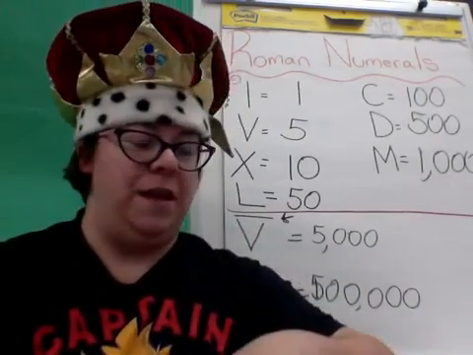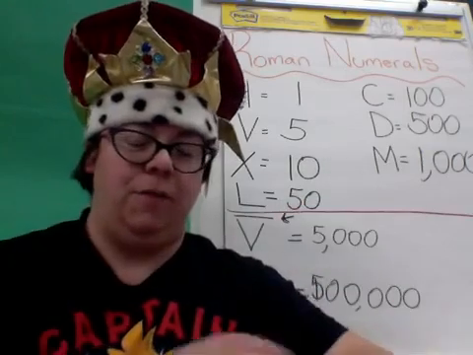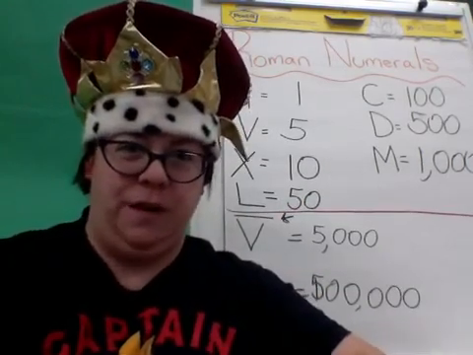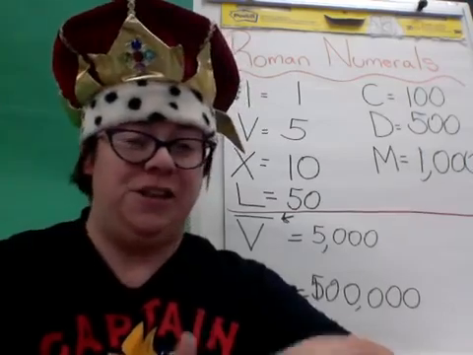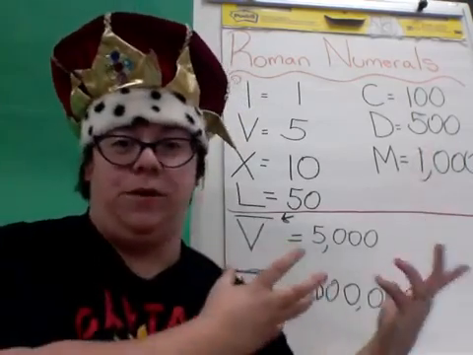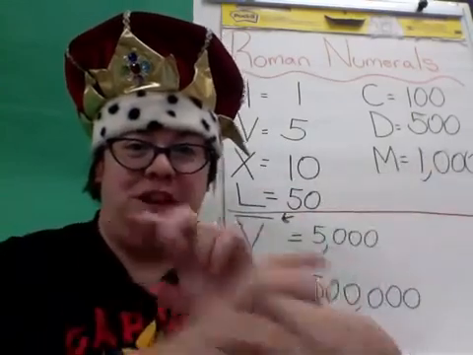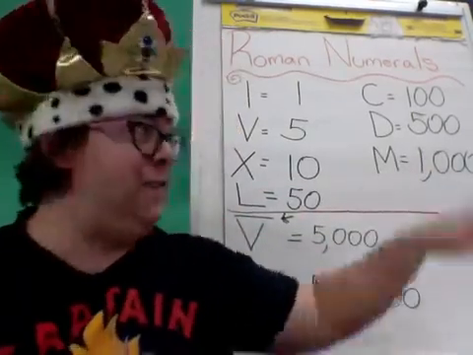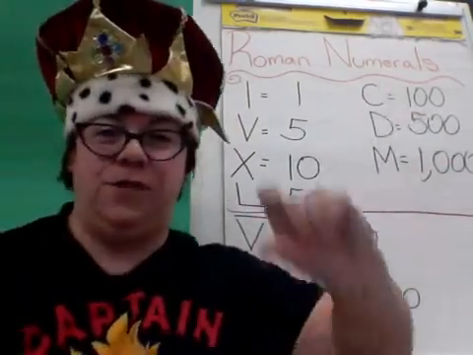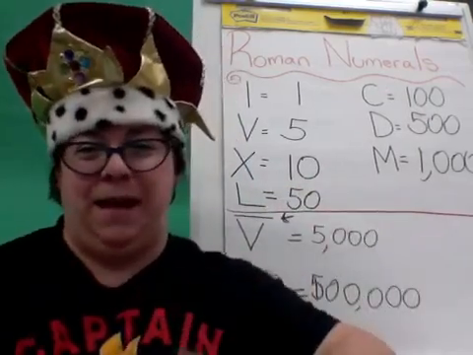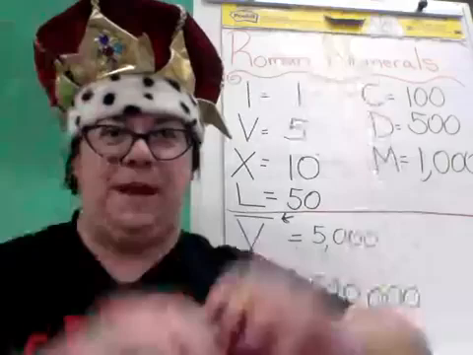After the Roman Empire collapsed and the world of Christianity took over in that area, the Christians actually kept the Roman numeral system and then spent the next few years changing and editing it. Instead of using capital letters, they used lowercase i's and small v's and small x's and lowercase m's and uppercase m's.